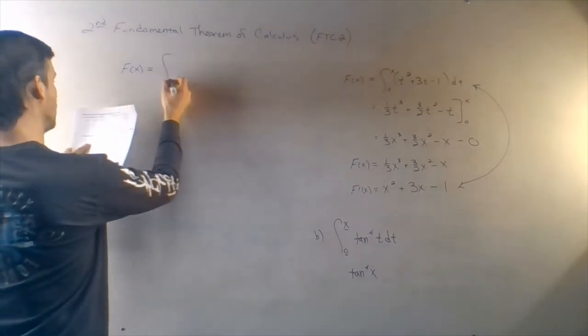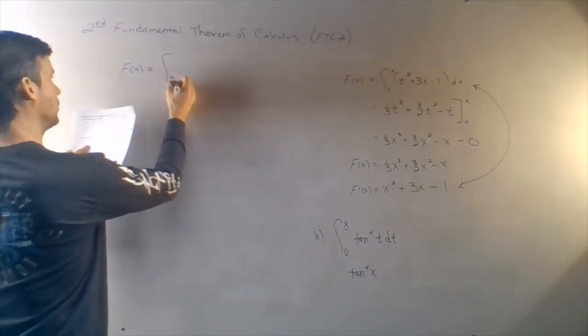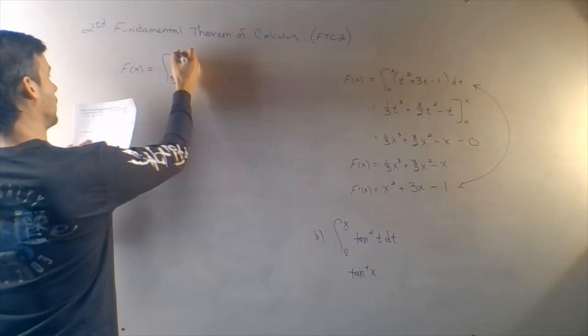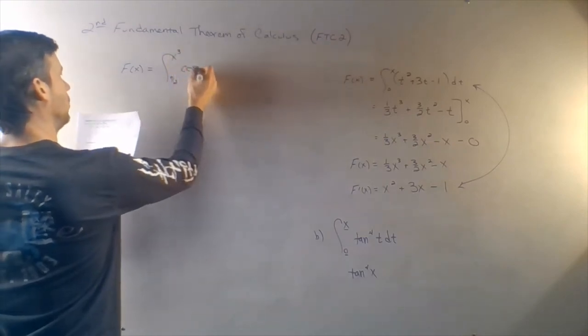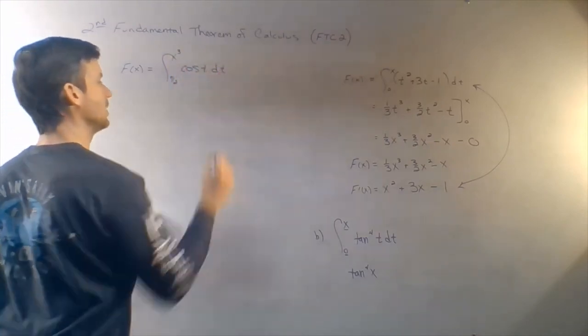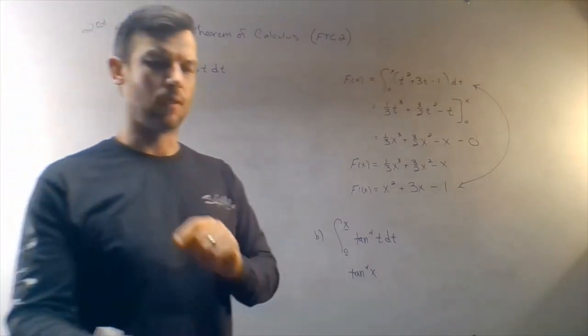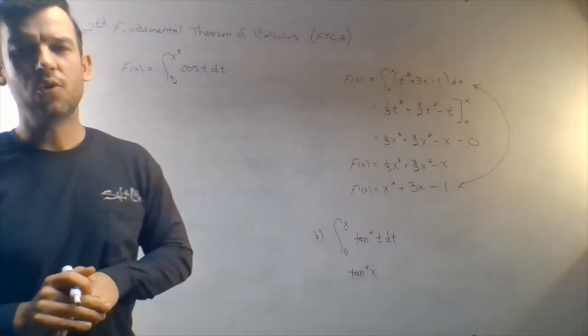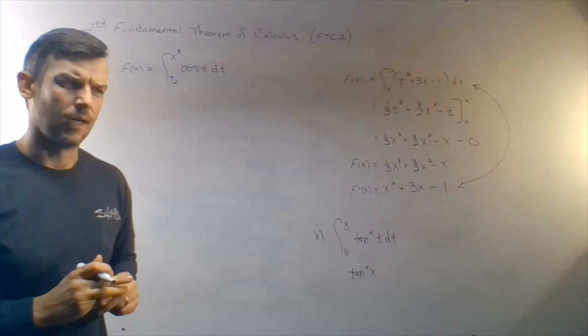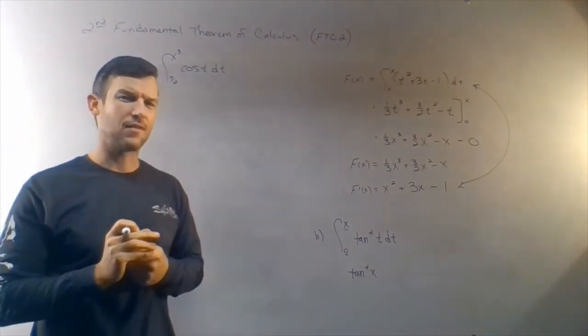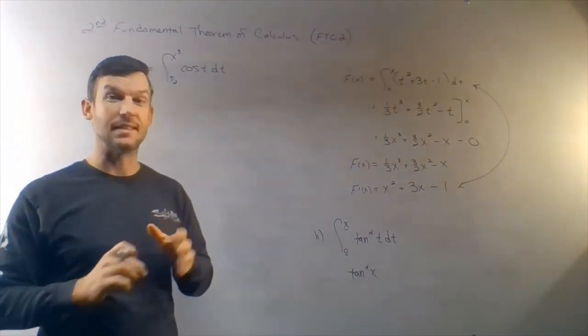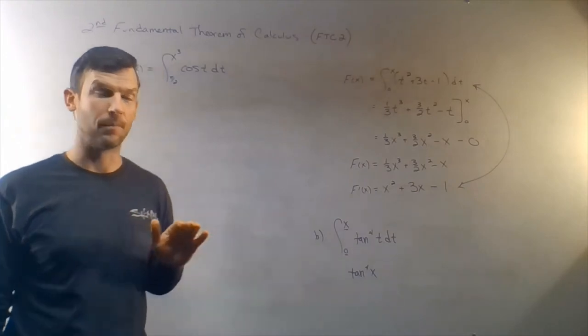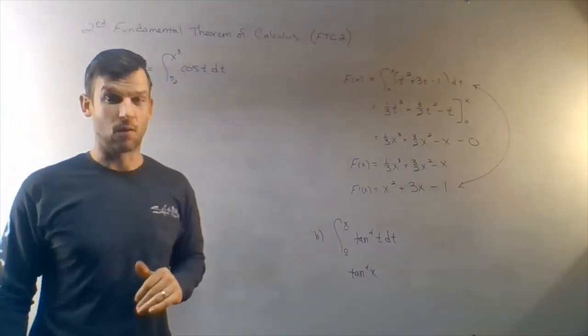And this function is defined as the integral from pi over 2 to x to the third of cosine of t dt. Okay, so let me show you what the long way would lead us to, and then see if you guys can figure out how we can adapt that second fundamental theorem so we can skip all of that work.